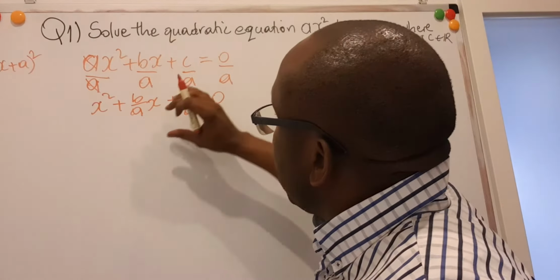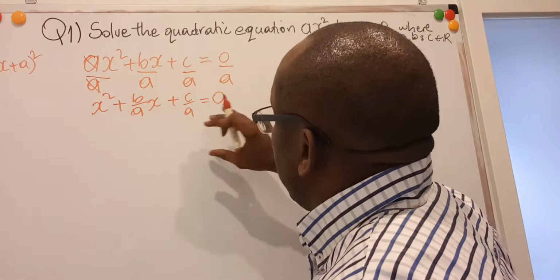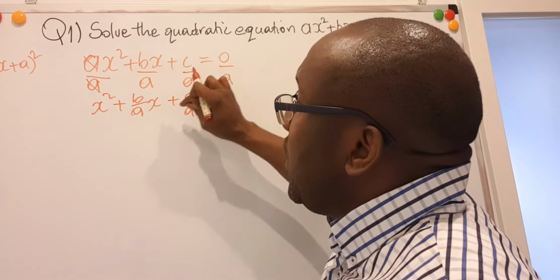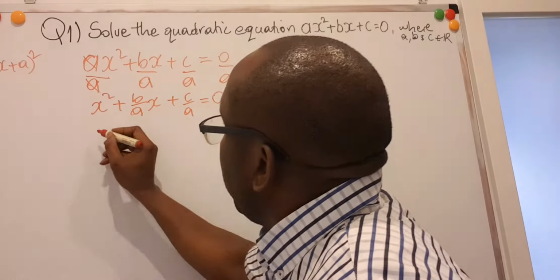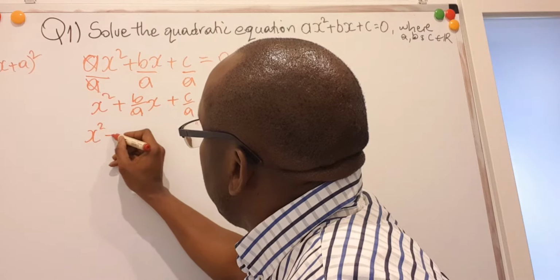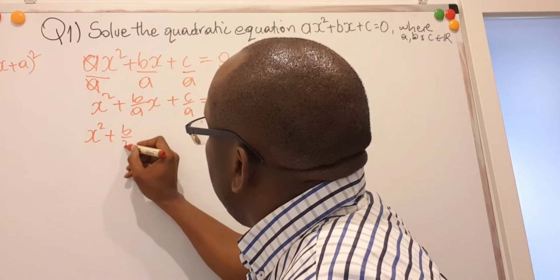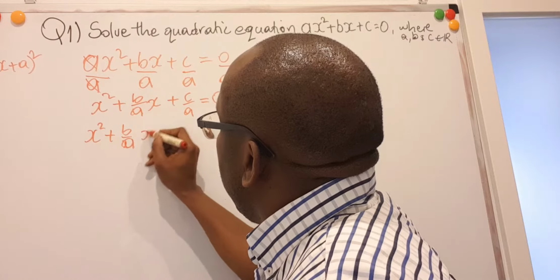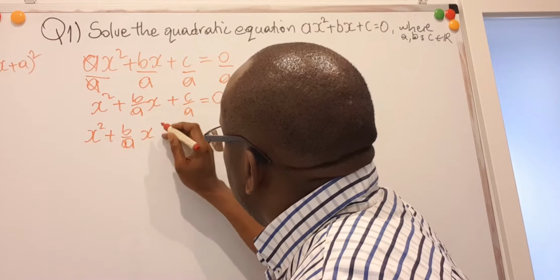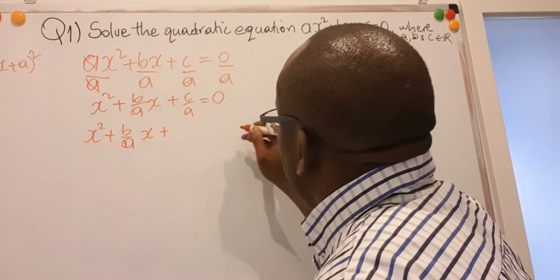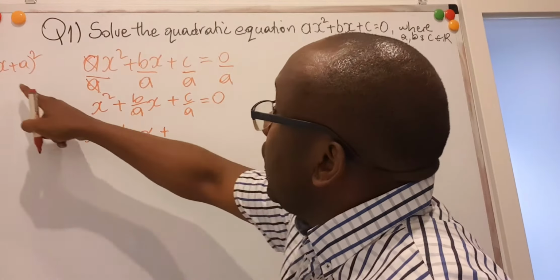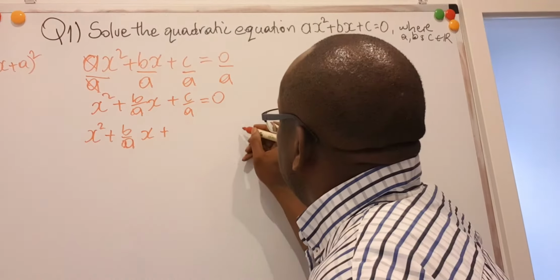To complete the square, it's important to take this constant away so that I decide which constant I want to put here so that the square is complete. I have x squared plus b over a, x, and I keep some space here to fill in what I need to plug in so as to get the square completed.